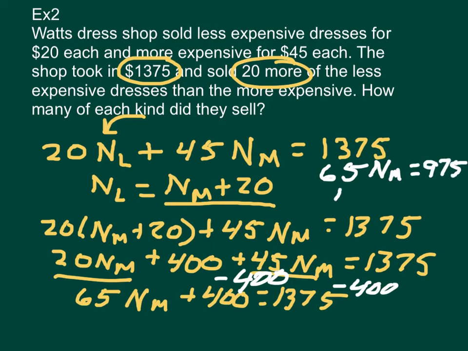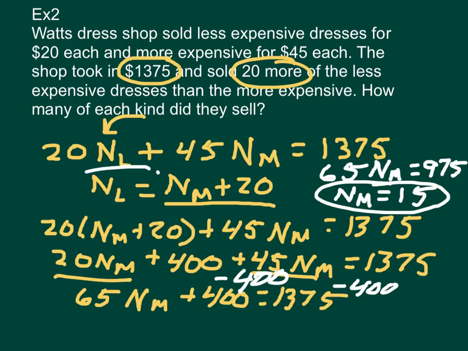Now divide both sides by 65, and I get N_M, the number of more expensive dresses, is 15. So how many dresses were more expensive? 15.